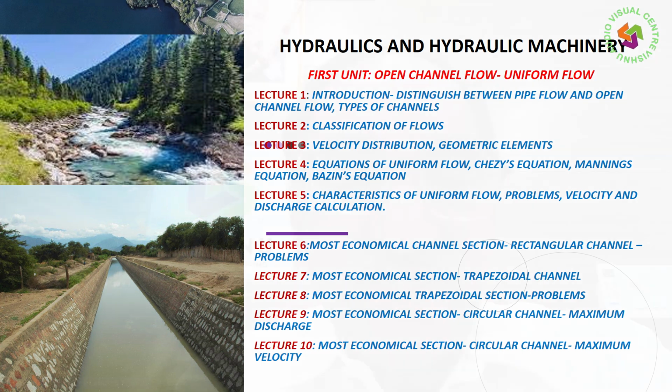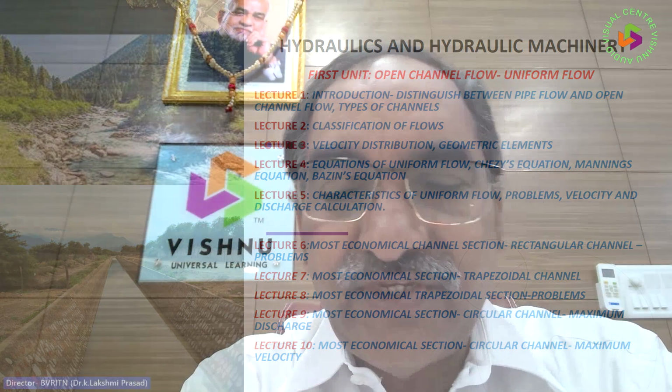The second lecture we discussed the velocity distribution, and after that, the geometrical properties which are very important while solving any problems related to open channel flow, mainly the wetted area, wetted perimeter, hydraulic radius, top width, and finally hydraulic depth. These are the five, and we have done this for rectangular, trapezoidal, and circular channels.